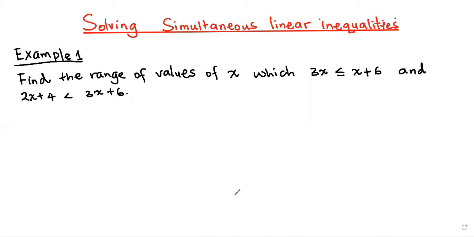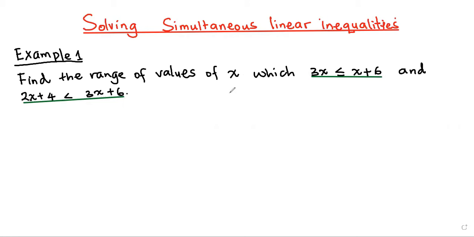And you can note that we are having two inequalities. This is the first one, and then we also have this one. Now, to find the solution to simultaneous linear inequalities, it actually means that we are going to find the solutions that satisfy both inequalities.